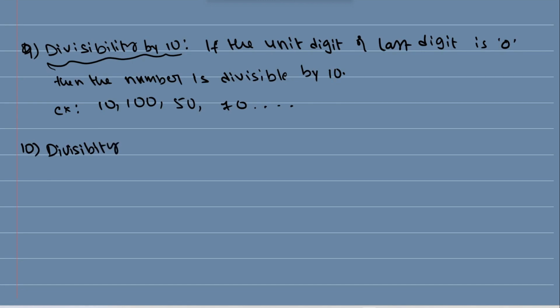Divisibility by 11. Okay, most of the educators will stop here.